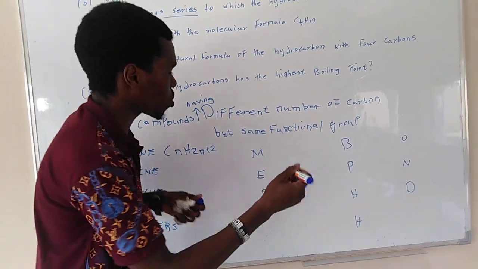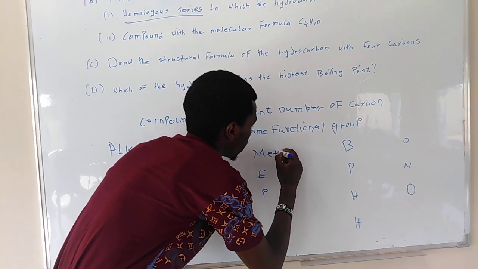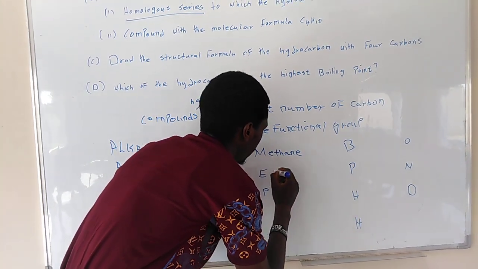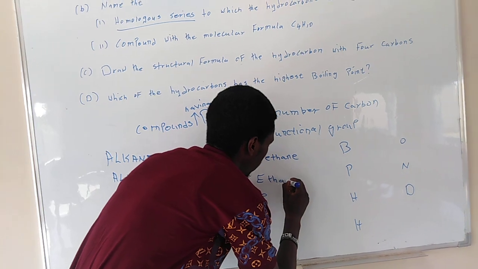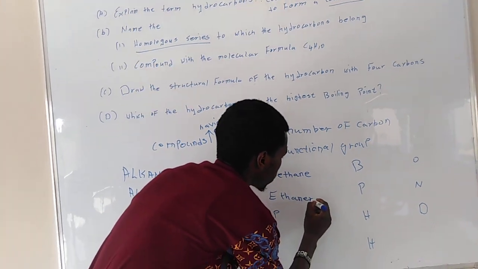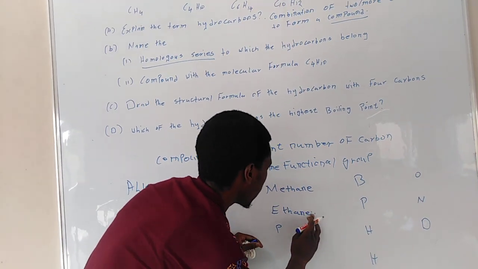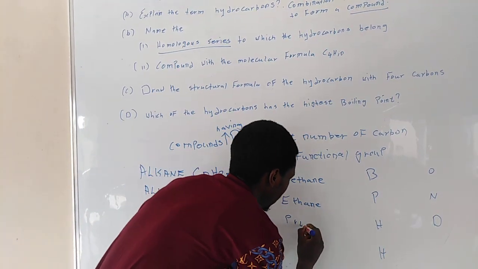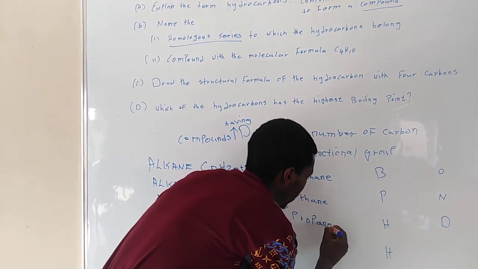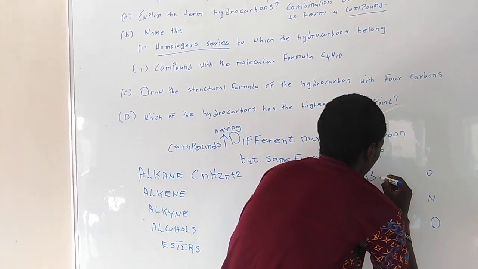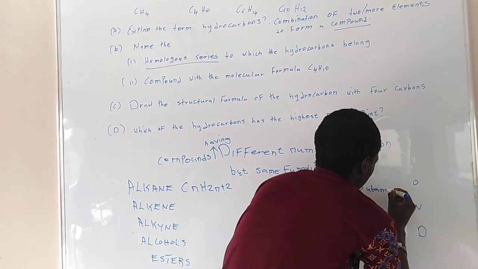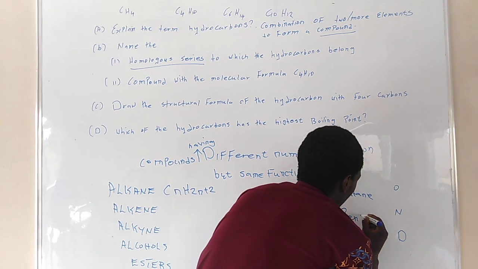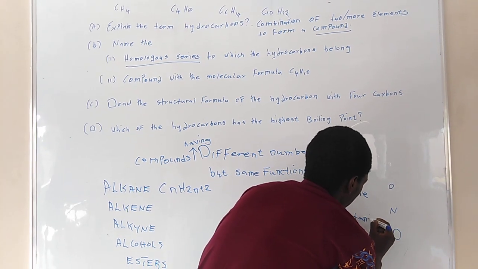Now, what is this? This is methane. This is ethane. This is propane. This is butane. This is pentane.